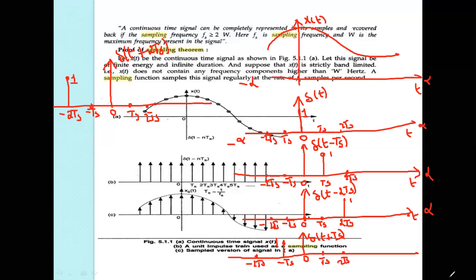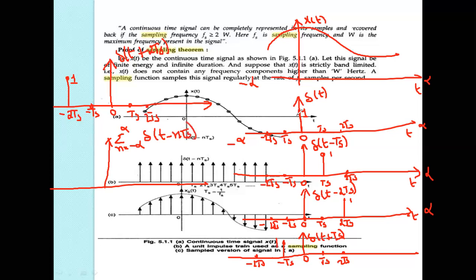Now I can add all the signals: delta of t, delta t minus ts, delta t minus 2ts, delta t plus ts, and delta t plus 2ts. Adding all the signals means the sum over n from minus infinity to infinity of delta of t minus n times ts.